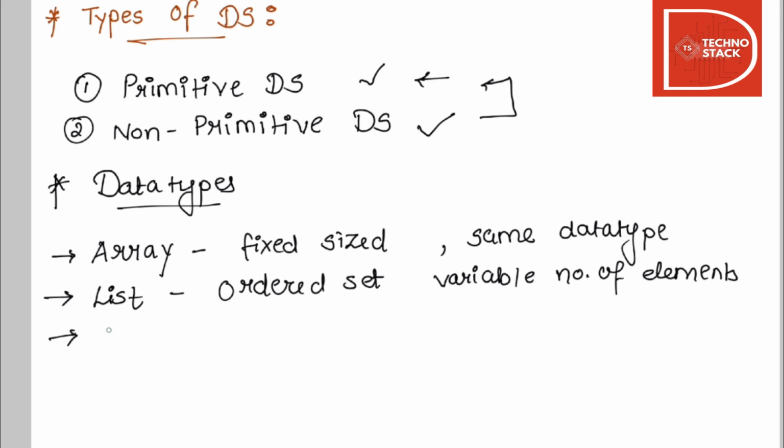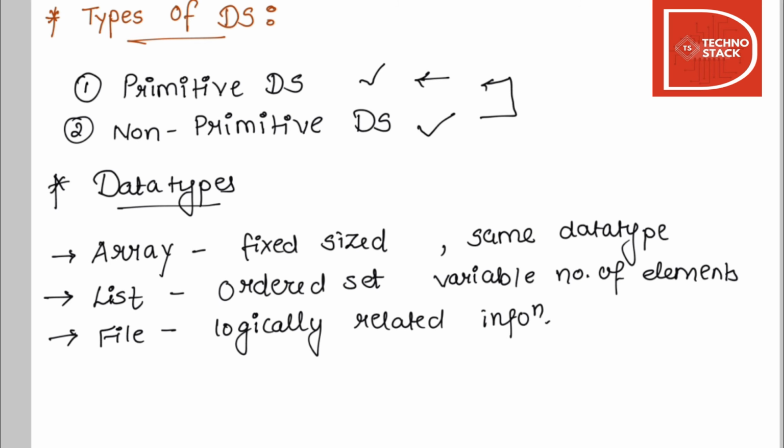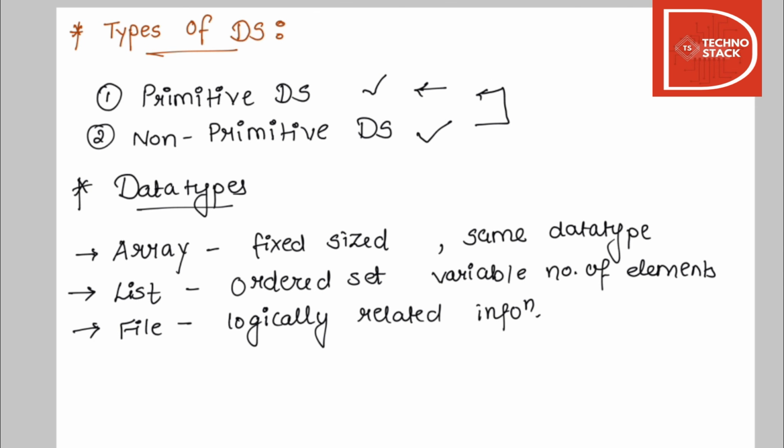Last but not the least is file. A file is a collection of logically related information. It can be viewed as a large list of records consisting of various fields. So that is what a file is.